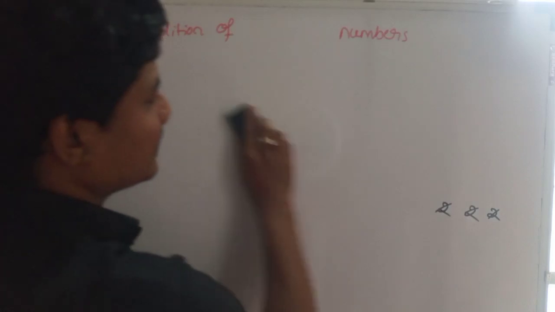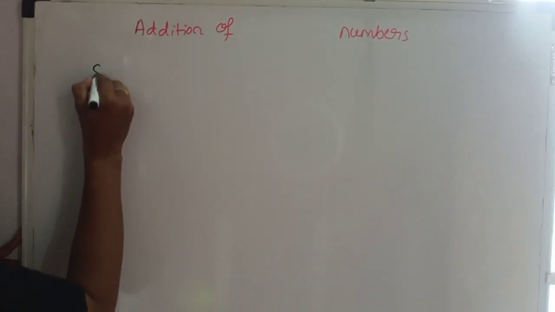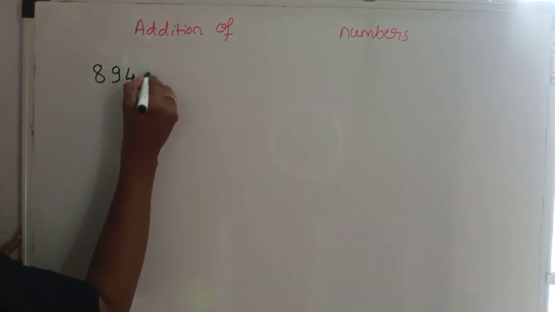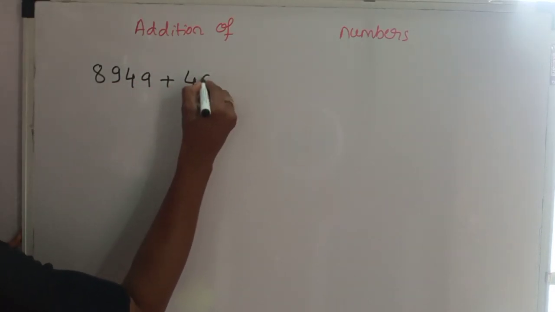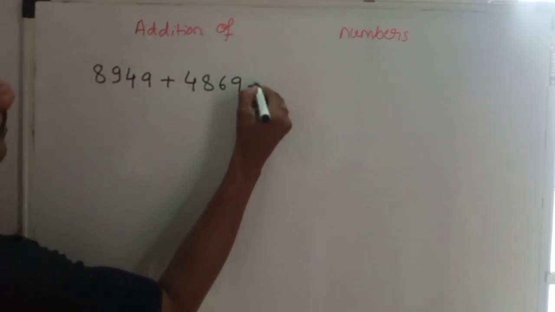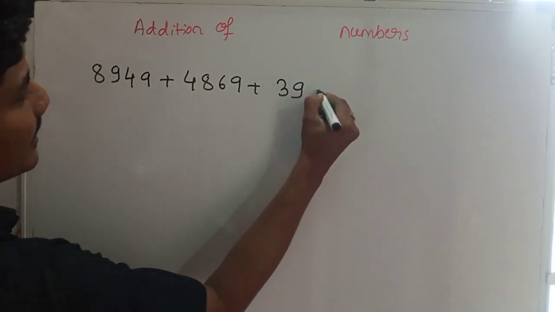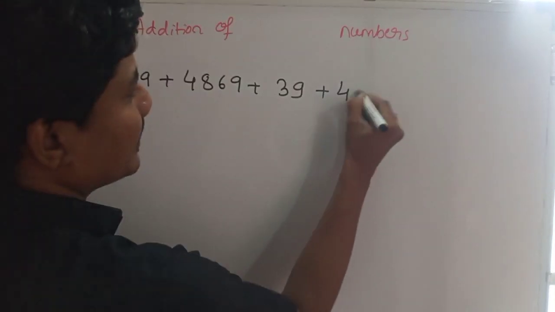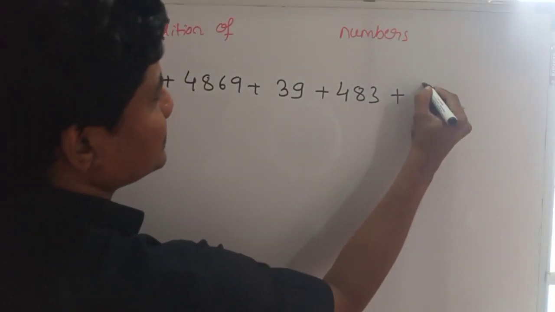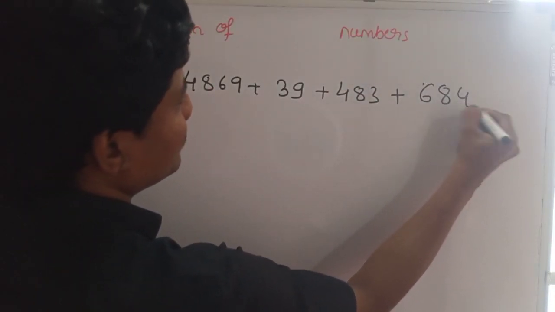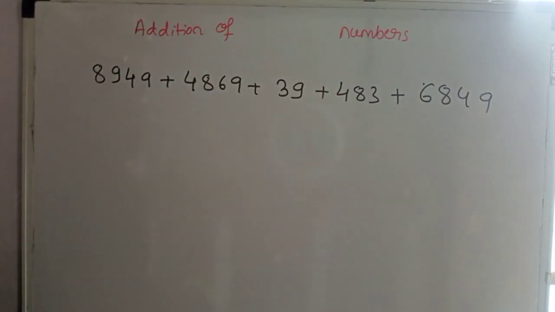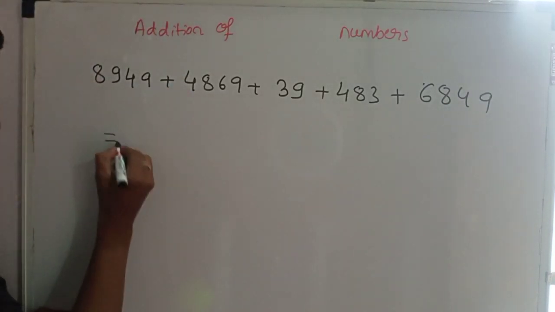Next, proceed with the new set of numbers. 8,949 plus 4869 plus 39 plus 483 plus 6849. Let's add units digit first.